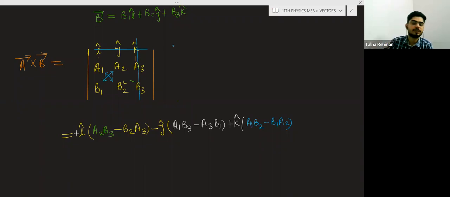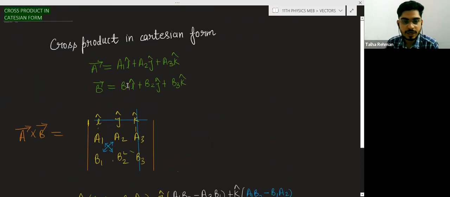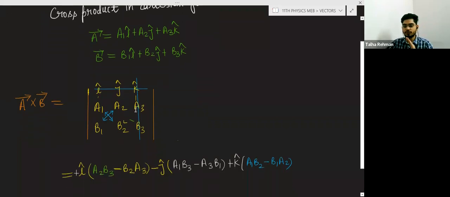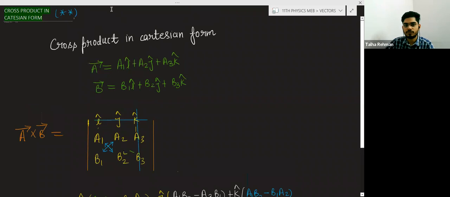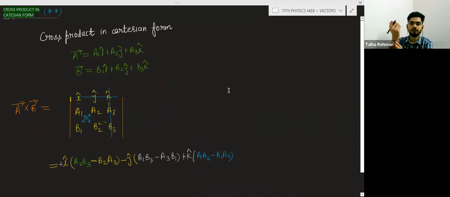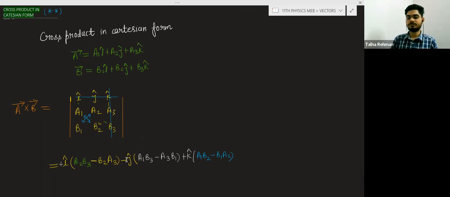This is finished. Write down. We will do one question, but remember this cross product is very important. Again, you should know it, there should be no confusion, not even 1% confusion in it. Just write down. Don't confuse yourself about why we are writing I cap here, or why there is a minus sign here. Don't think. Just learn this, because this is mathematics.